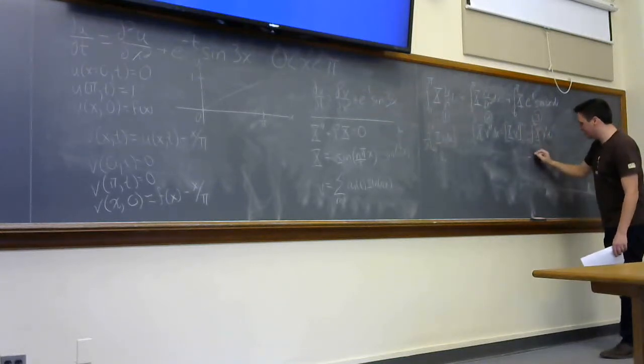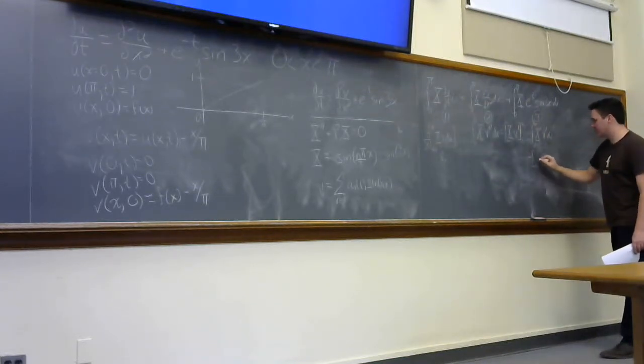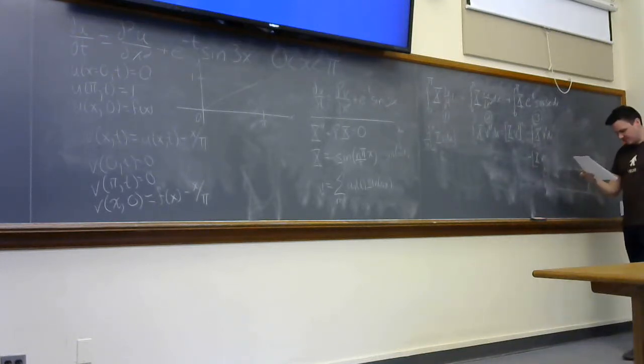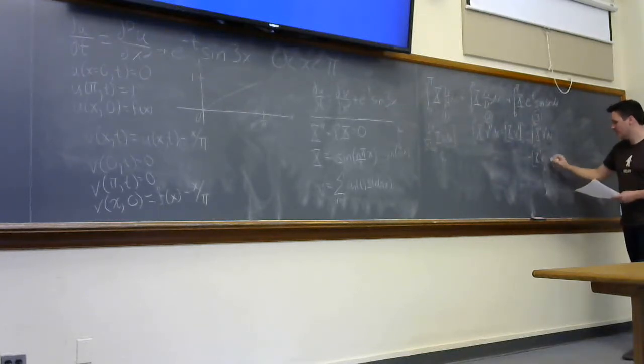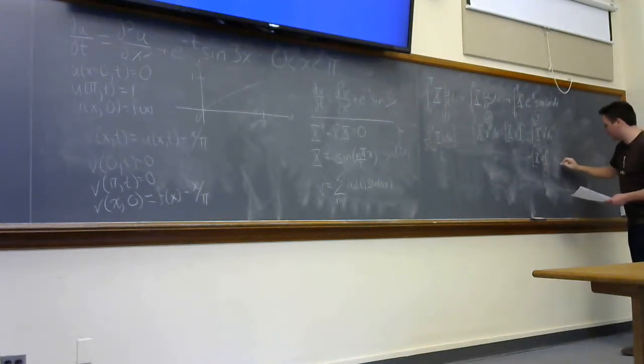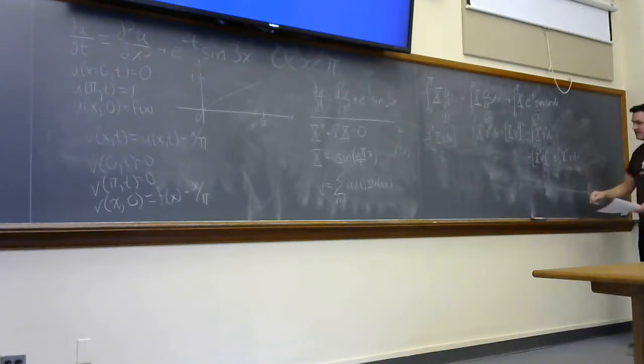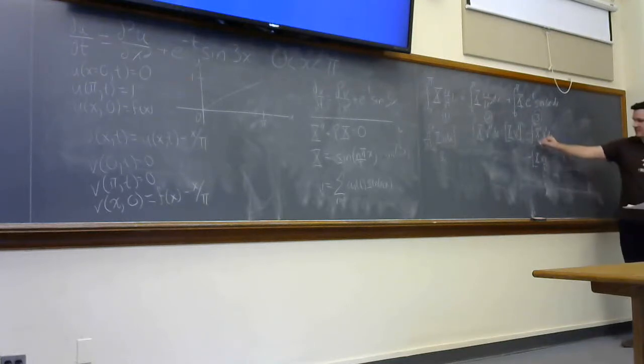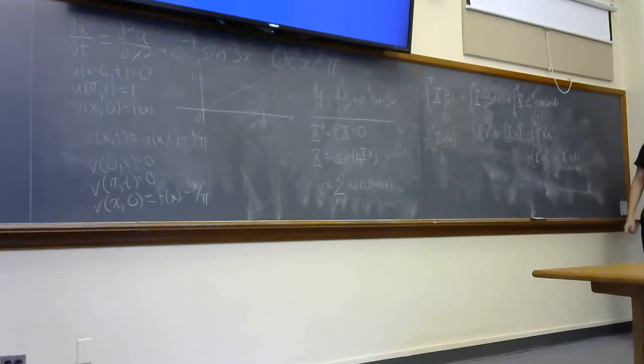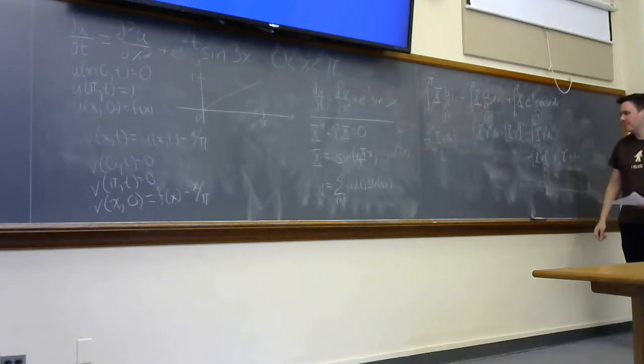And this thing is actually equal to minus x prime v from 0 to pi plus the integral of x double prime v dx. All right, so that's right. So this is that weird staggering way that everyone writes.